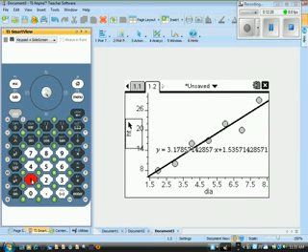Show linear, mx plus b. Now there is the actual line of best fit. And you'll notice it looks like it goes through one of the points, but not necessarily a second one. And statistically speaking, what the calculator and what statistics can do is it can figure out what line can be drawn so that all of these points are the closest distance possible to that line.